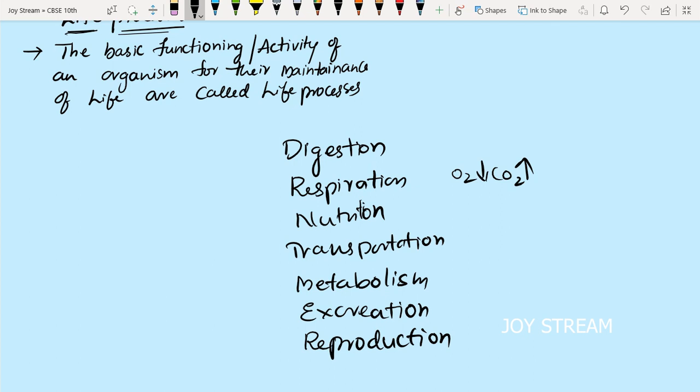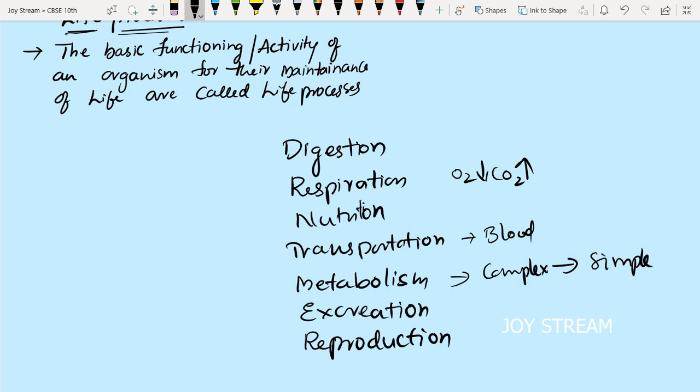So transportation. The blood is transported to several parts of our body. So that is called transportation. Metabolism. Complex food is converted into simpler forms. It is called metabolism. Excretion.